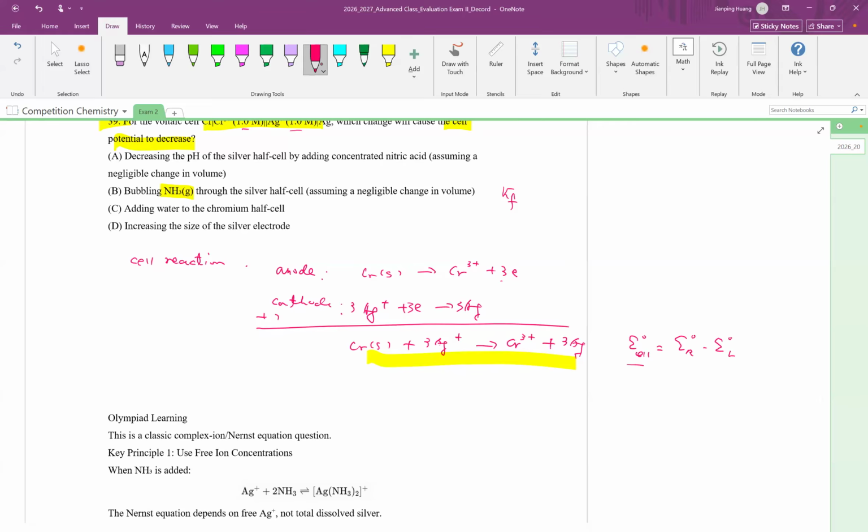So in this case, what are you going to do? You need to use the Nernst equation, which is minus 0.0592 over, how many electrons? 3, log Q. Oh, this should be natural log. Now Q is the reaction quotient. It is Cr3 plus over the other concentration.